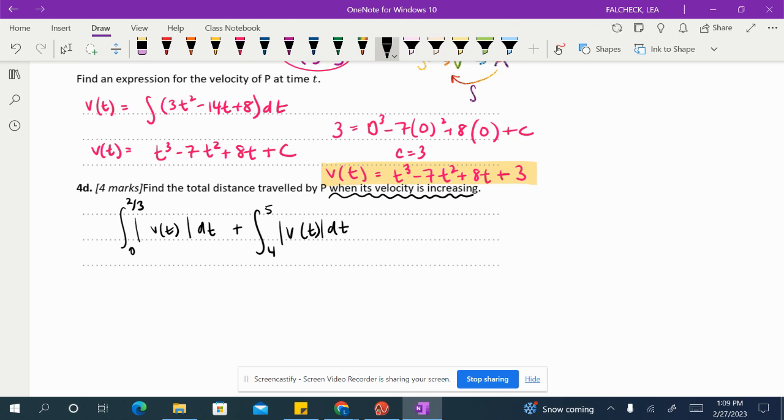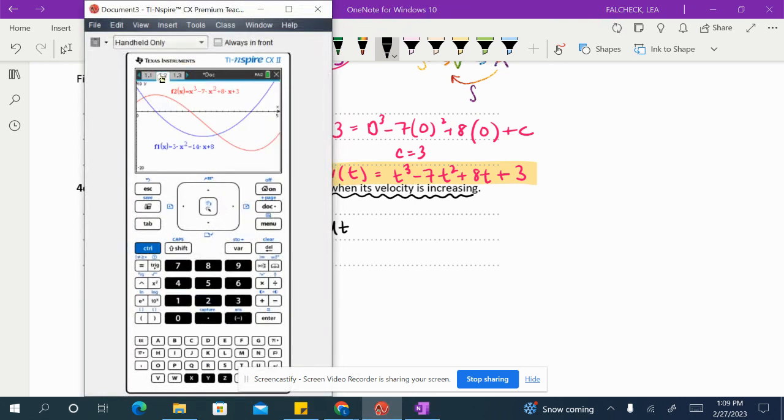All right, so we're going to need to graph this velocity in order to get an idea of what this graph looks like. So let's go ahead and look here. Here I've graphed the red part as the velocity and the blue part as the acceleration.